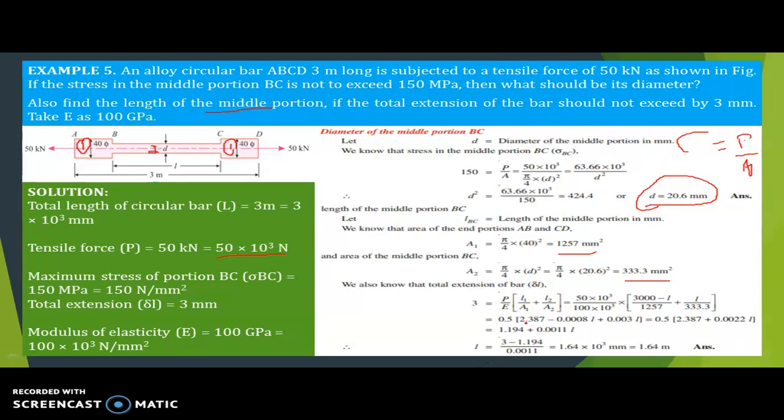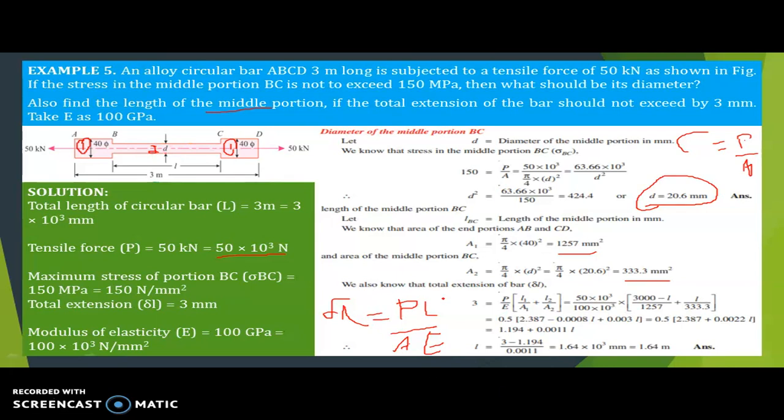Once you know that, you know the total deformation formula, right? What is that? Total deformation delta L is equal to PL divided by A into E. So here there are two sections. We will consider this as one section and this as the second section.